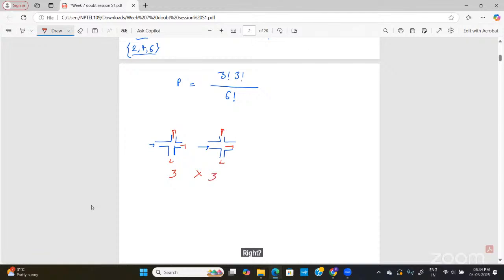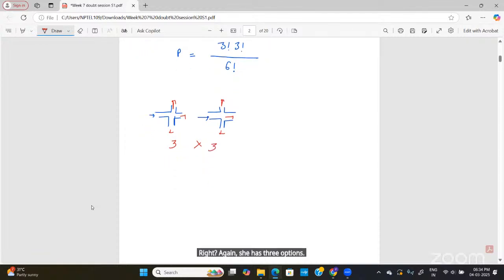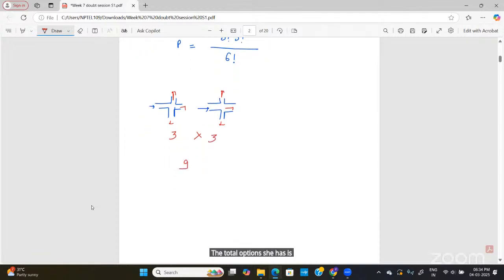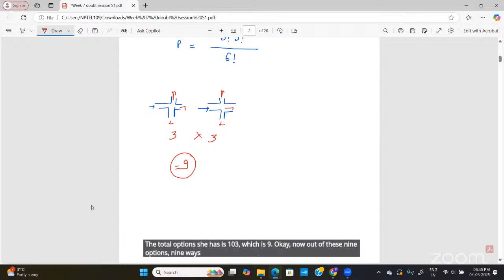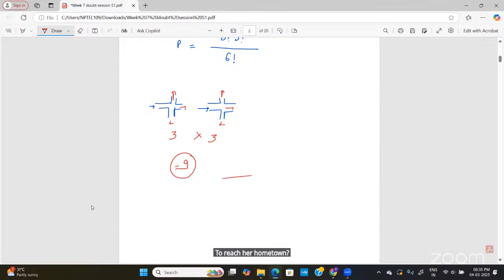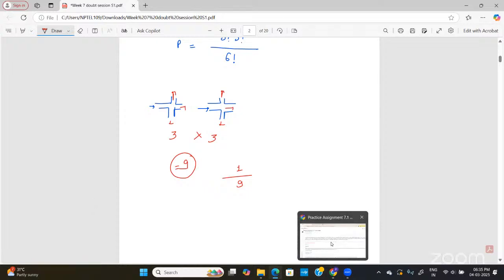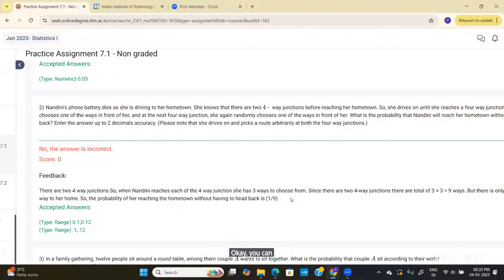The total options she has is 3 into 3, which is 9. Now, out of these 9 ways, only one way will be correct to reach her hometown. So, out of 9, only one is the correct option. So, the probability will be 1 by 9. You can see this in the given solution also.